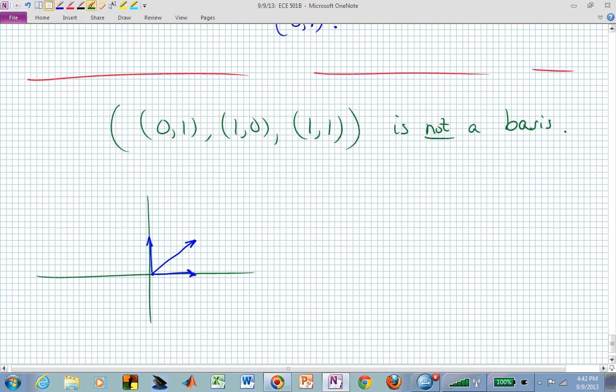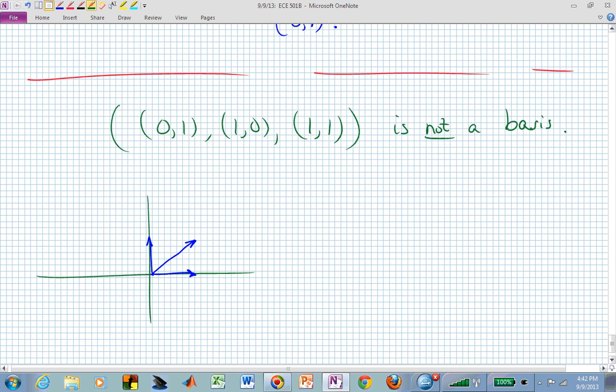But what did we say the requirements of a basis needed to be? We needed to have a linearly independent set of vectors that span all of R3. This makes a spanning list, doesn't it? And the length of that spanning list is 3.